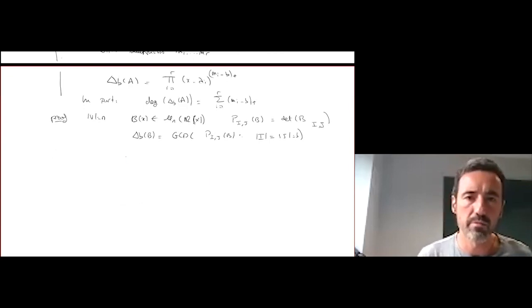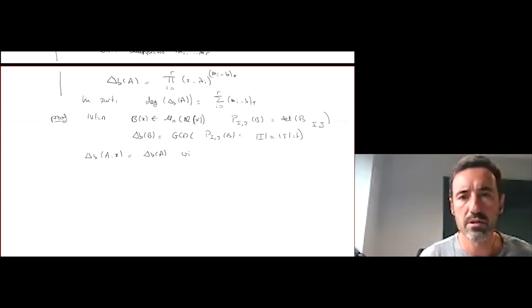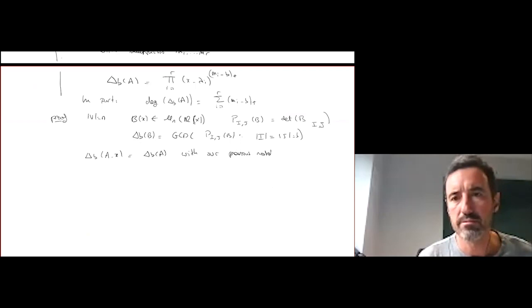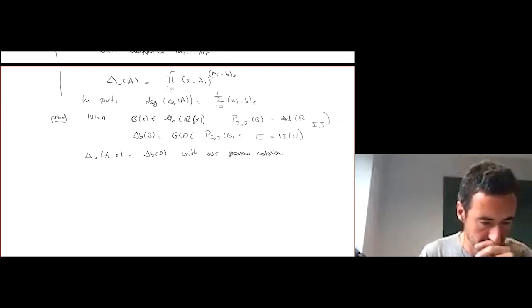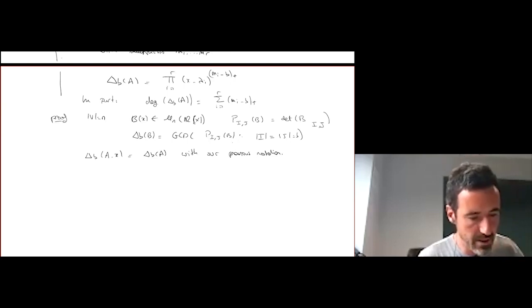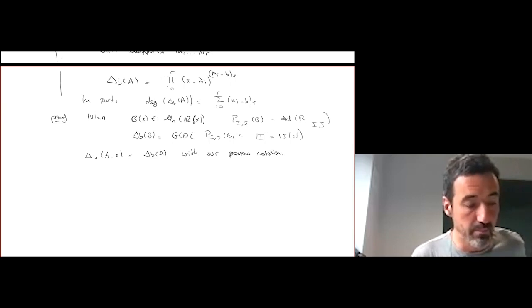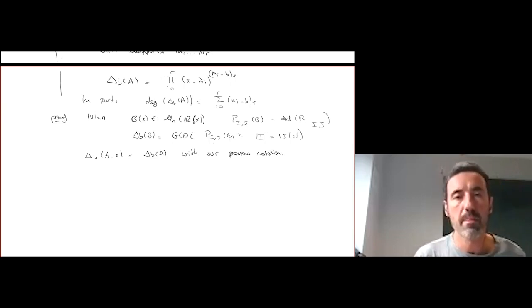So we retrieve our previous definition: delta b of A minus x is equal to our previous notation. I changed the definition slightly, extending it not only to A minus x, but to any polynomial valued matrices.